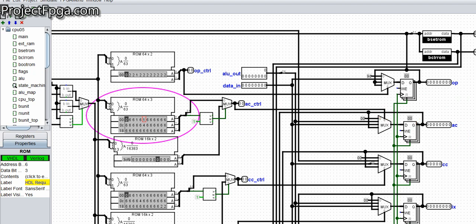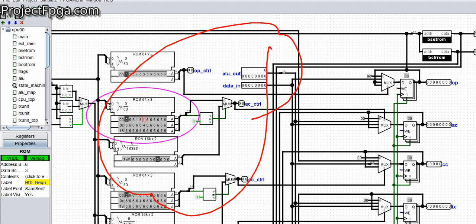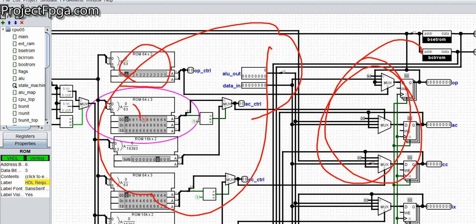I explained what the registers do and how the control signals are manipulated, so I don't think there is much more to explain there. Remember, the left side is for generating the control signals, and the right side is the actual one. The control signals all come from a ROM.